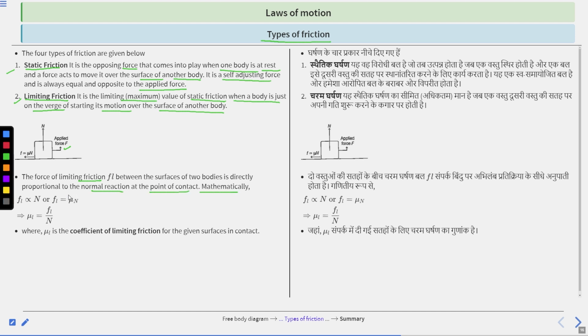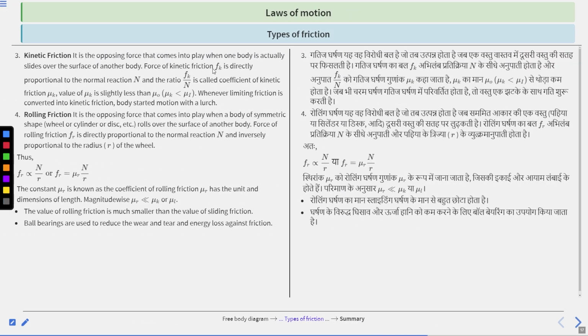Mathematically, we can express it as Fl is equal to mu N. Clear? So mu L is equal to Fl divided by N, where mu L is the coefficient of limiting friction for the given surfaces in contact. Clear?